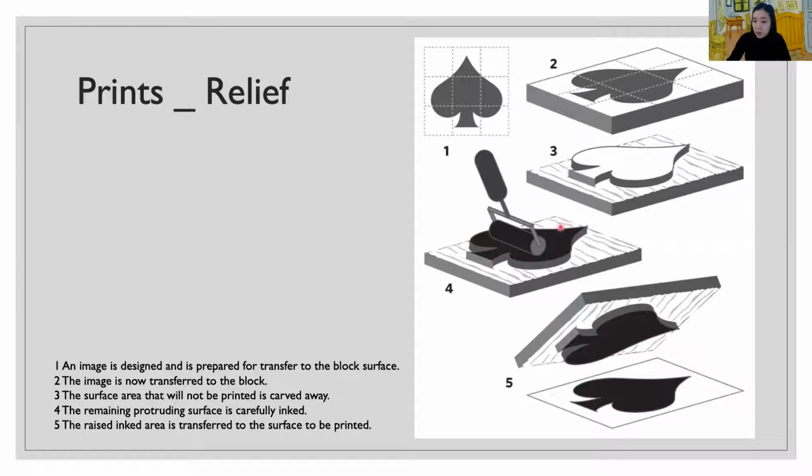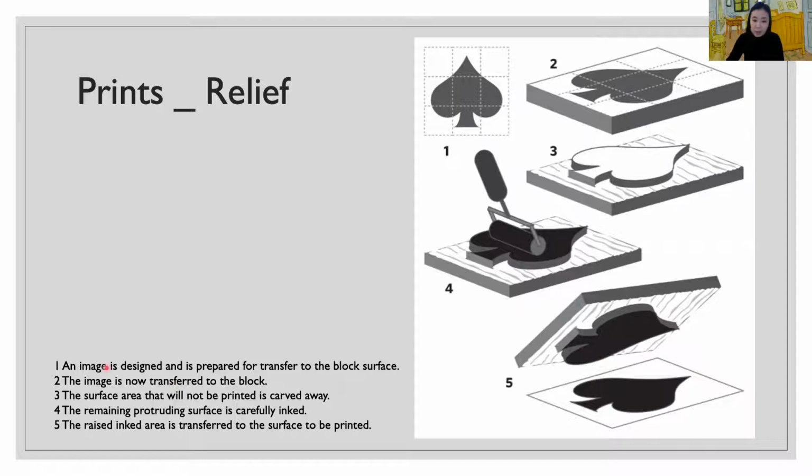And then step 4, the remaining protruding surface is carefully inked. So this raised area holds the ink to print. And step 5, the raised inked area is transferred to the surface to be printed, like the paper.